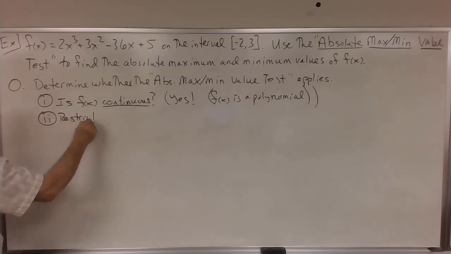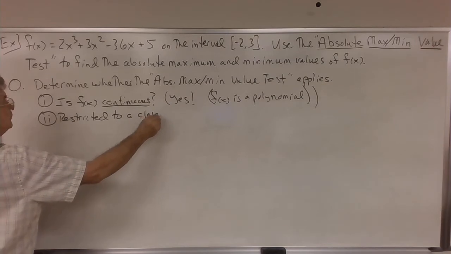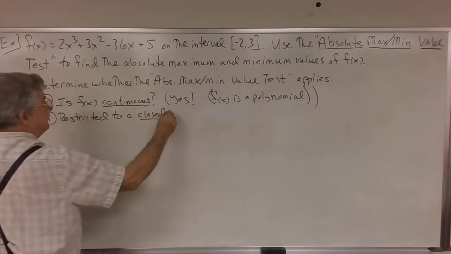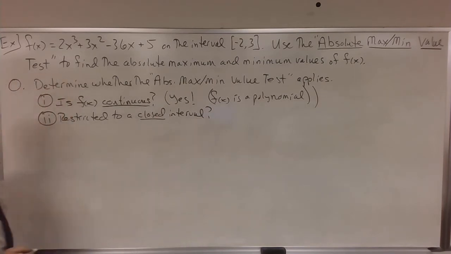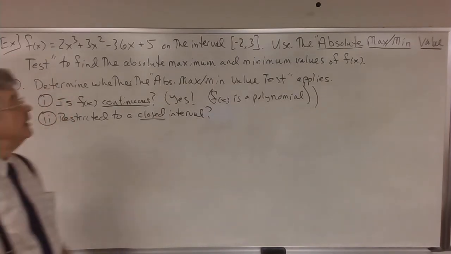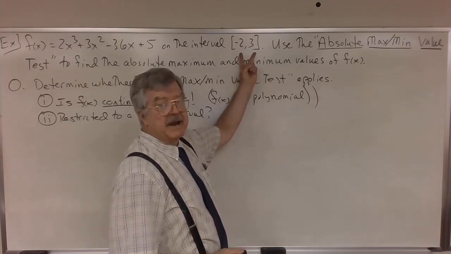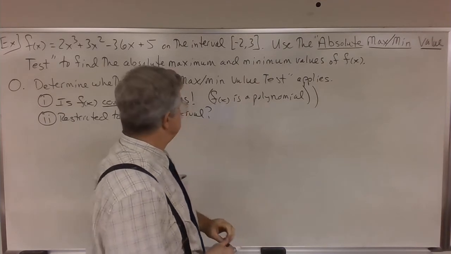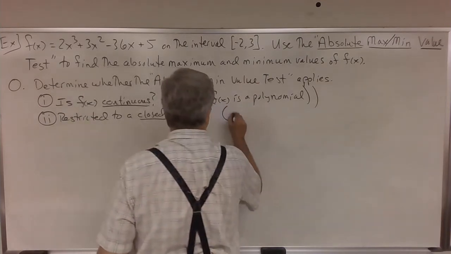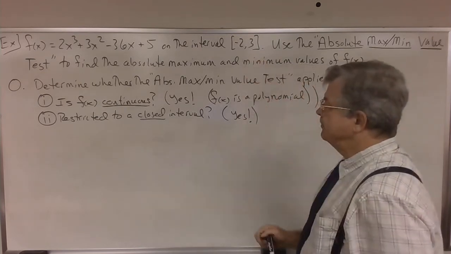Now, is it restricted to a closed interval? Yep, the interval's closed. It's got those square brackets up there, so -2 and +3 are included. Closed interval.